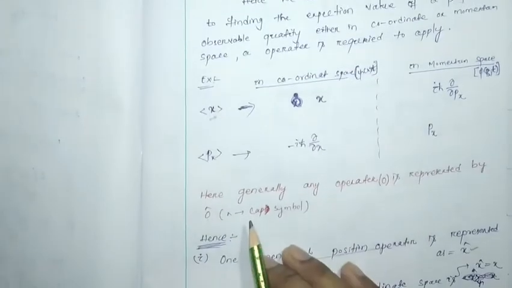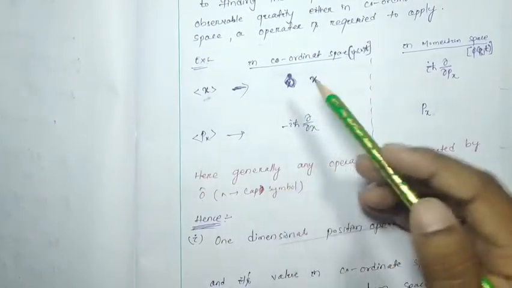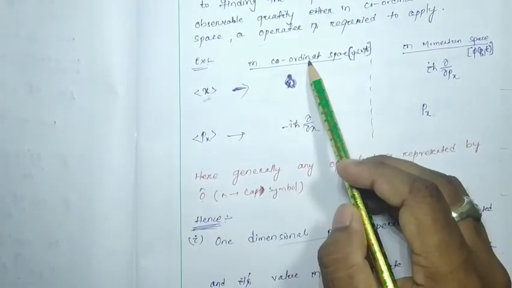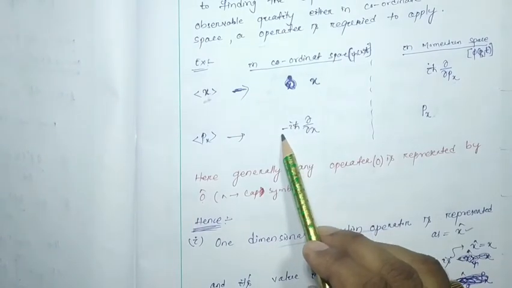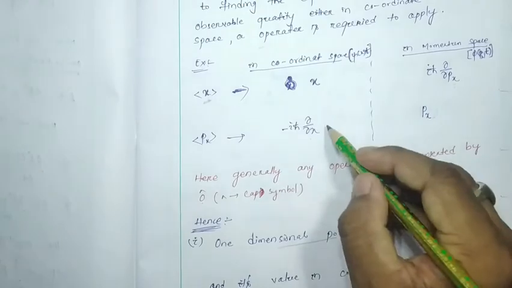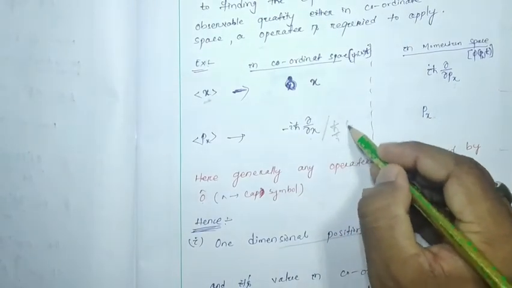And in case of momentum, if we want to find the momentum from coordinate space, then the operator to be used is minus i h cross del by del x, or it can be written as h cross by i del by del x.